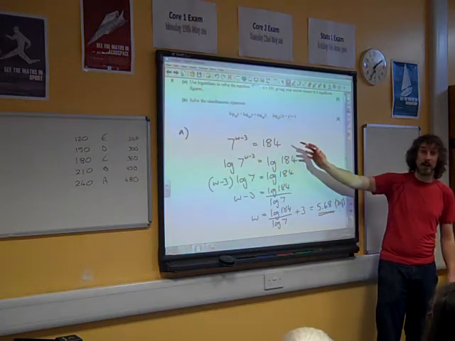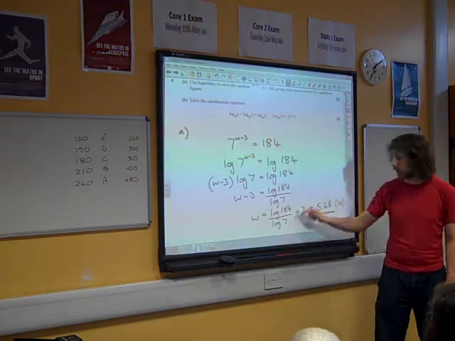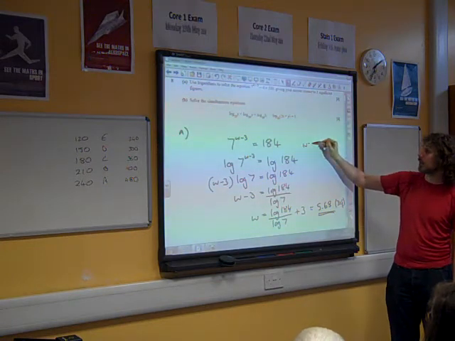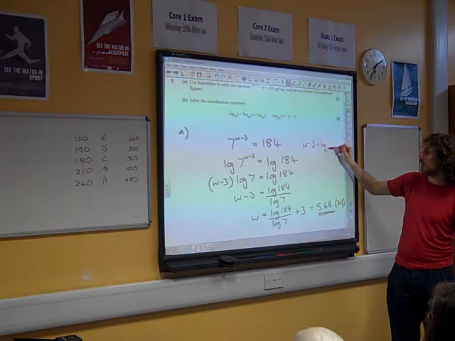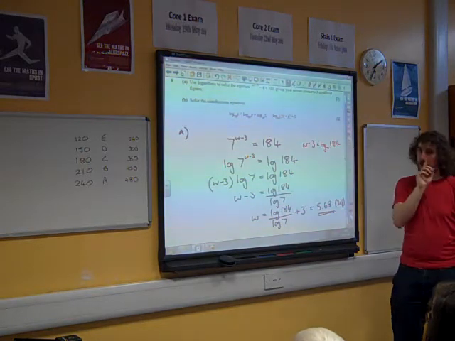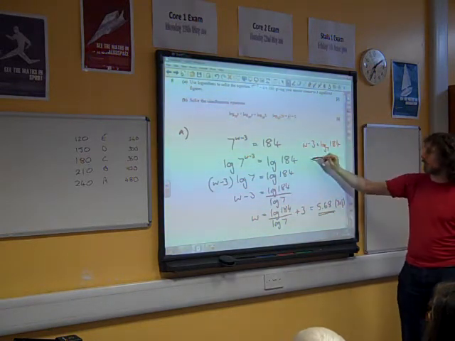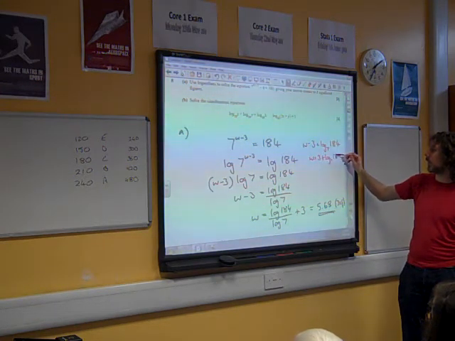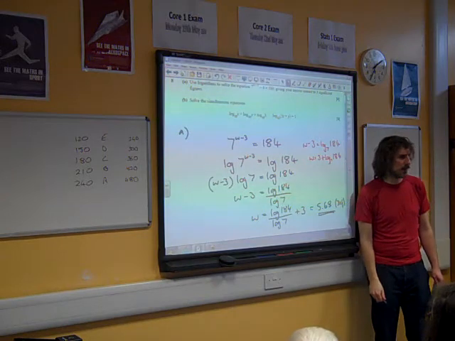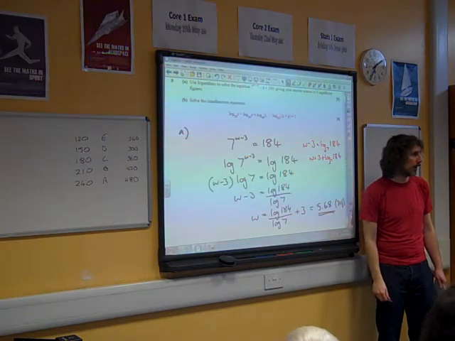And so that means from this point here, if you really want to, you could write that w minus 3, what would it be? Is log base 7 of 184. So w equals 3 plus log base 7 of 184. And if you try that on your calculator, does that give you the same answer?